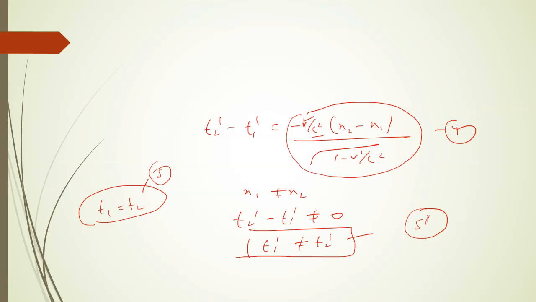So this is the concept of simultaneity in relativity. Events will be simultaneous from one frame, but not from another frame, if the object is moving with a speed comparable to the speed of light. I hope you have understood. Thank you. Thanks a lot.